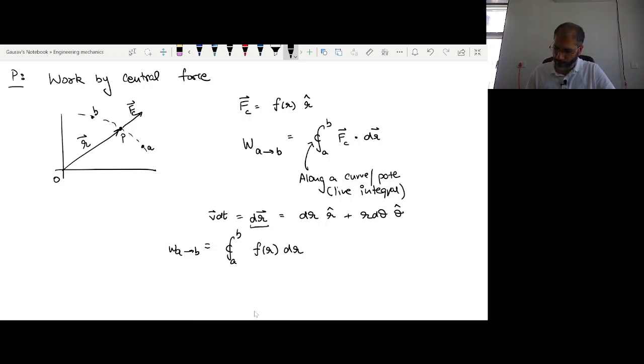Now what we see is that it really doesn't matter what the path is in this case, because this is purely a function of r.